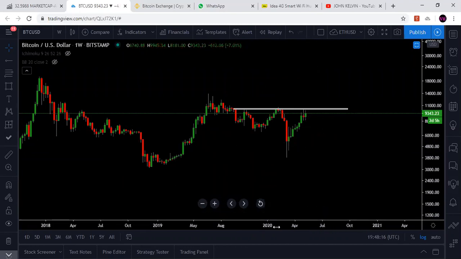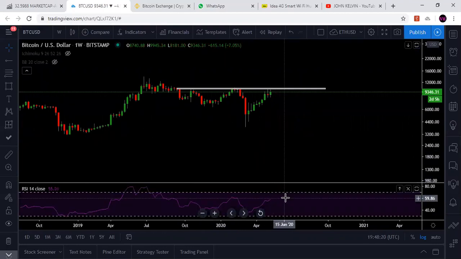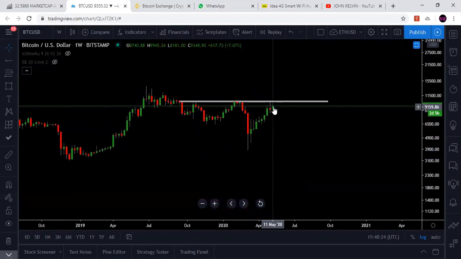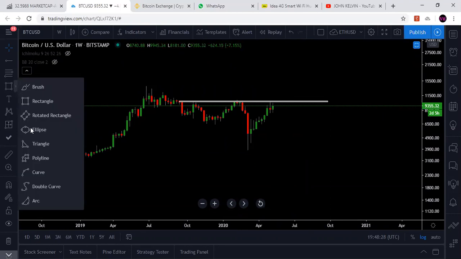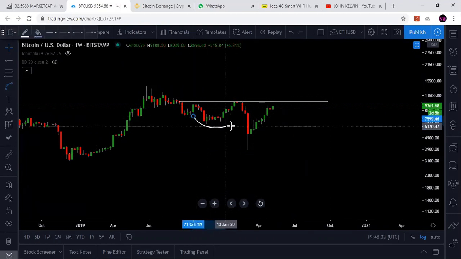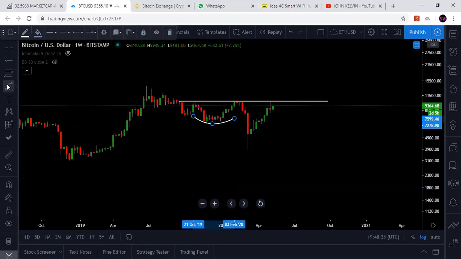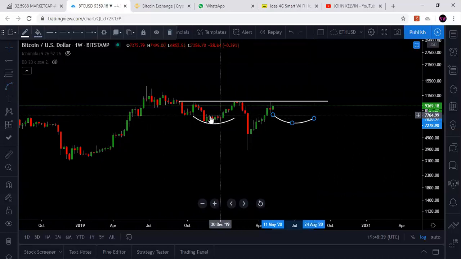And for this, RSI is still looking to move higher. So until this closes, then we'll know what will happen next. So for the record, if price respects this level, we're looking at this, and we're looking at maybe this level again.